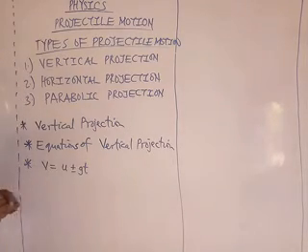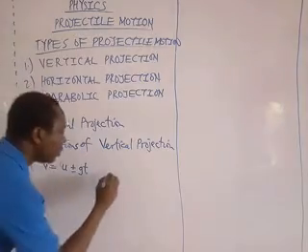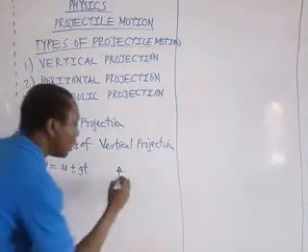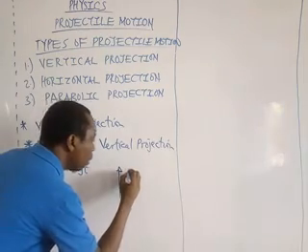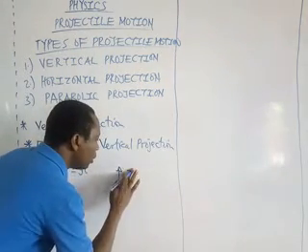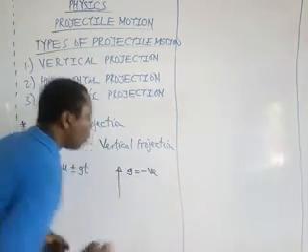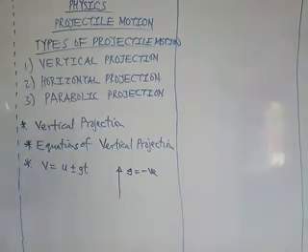When we say a body falls on its own, we are talking about a body falling under the influence of gravity. Take note. Now, if a body is launched into the air, the acceleration due to gravity of that body will be minus g, that is, g is negative for upward projection.